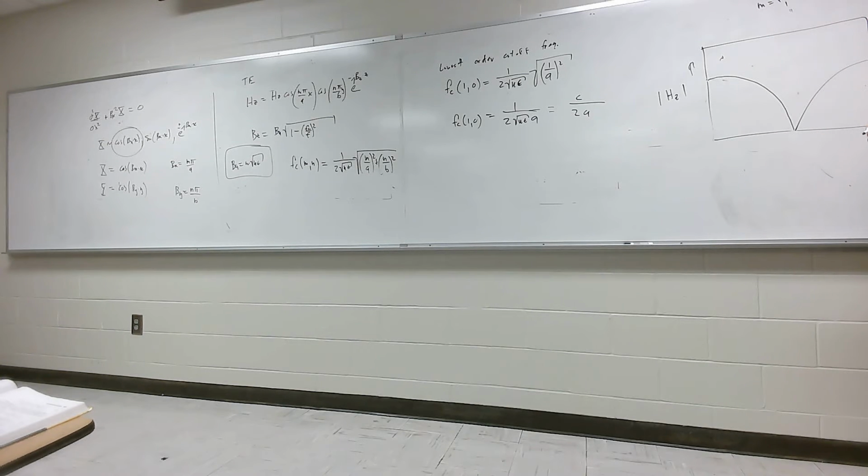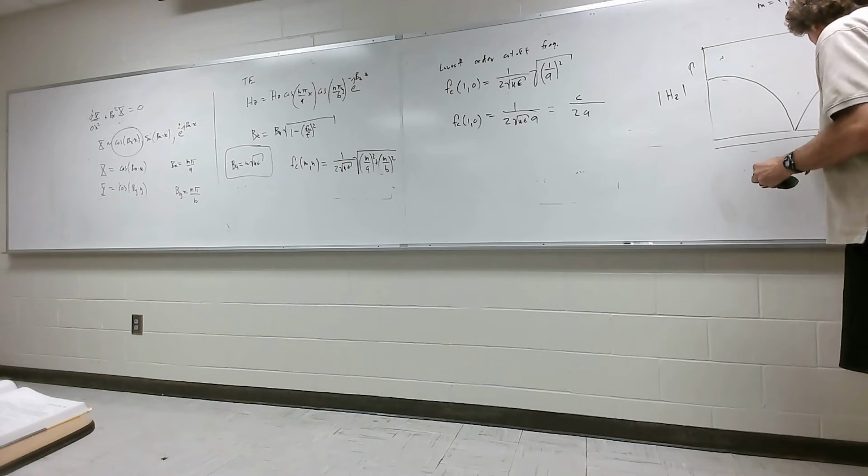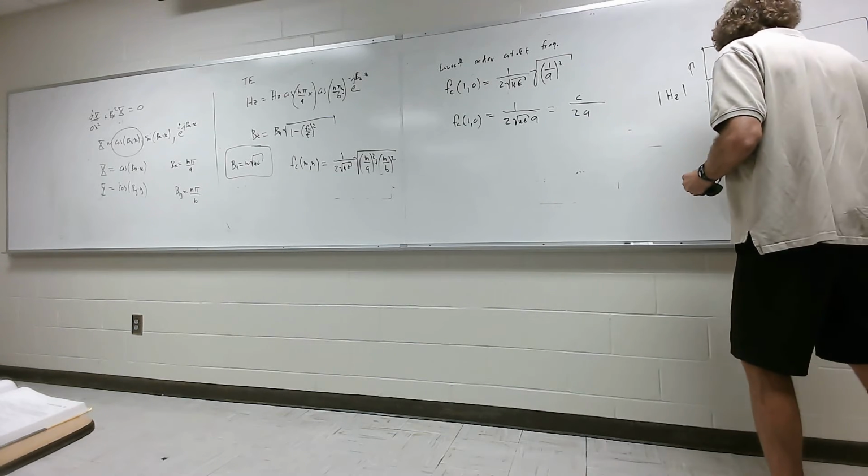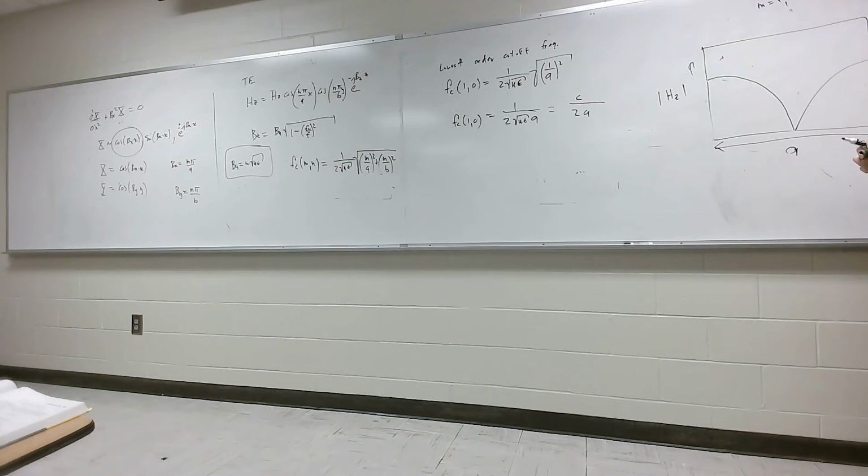And here's the real thing about this that's important. If you actually look at this, remember, this dimension is A. So at the lowest order cutoff, this dimension is half a wavelength, right there. It's exactly 180 degrees of change, but it's a half wavelength. So if you say that A is equal to lambda over 2, lambda is 2A for cutoff.